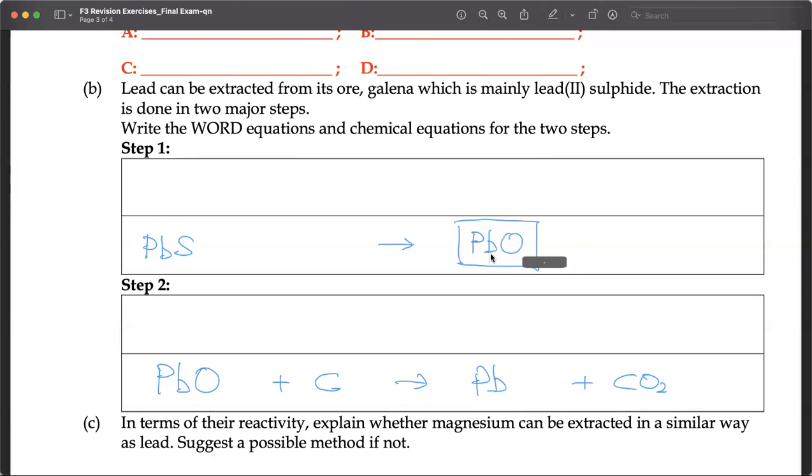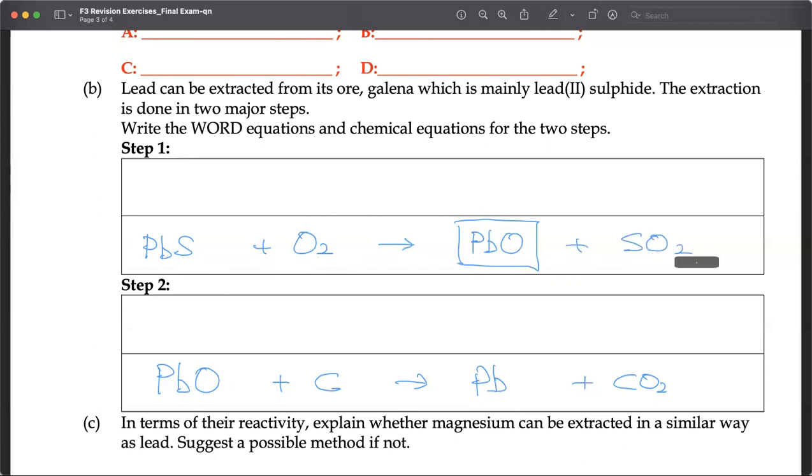Well, how come it can become lead(II) oxide? Just because you are adding oxygen in the air. The oxygen in the air reacts with the lead(II) sulfide. And don't forget, there is a gas given out, which is called sulfur dioxide.